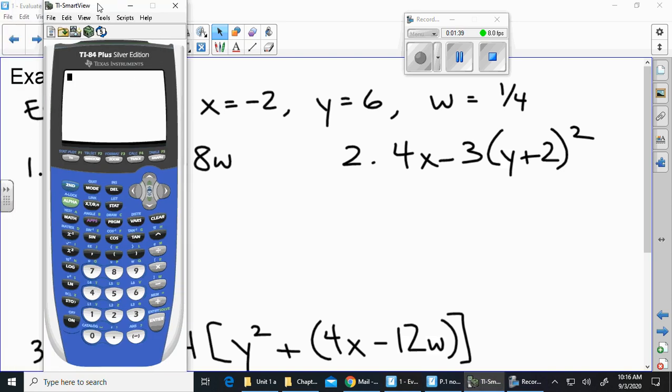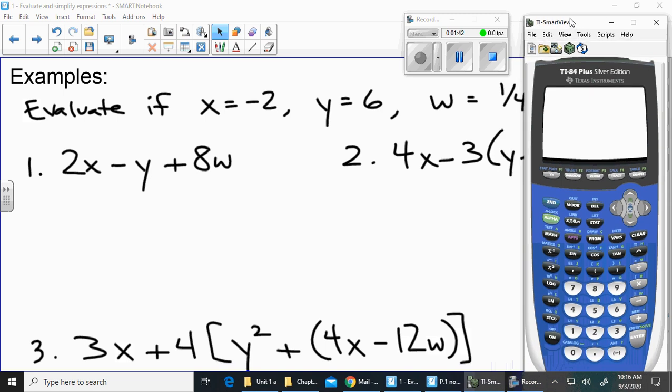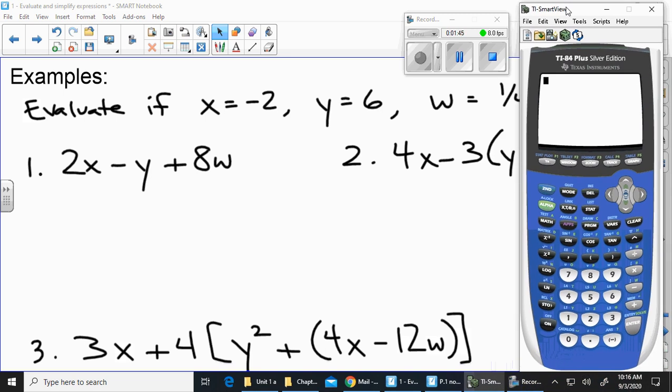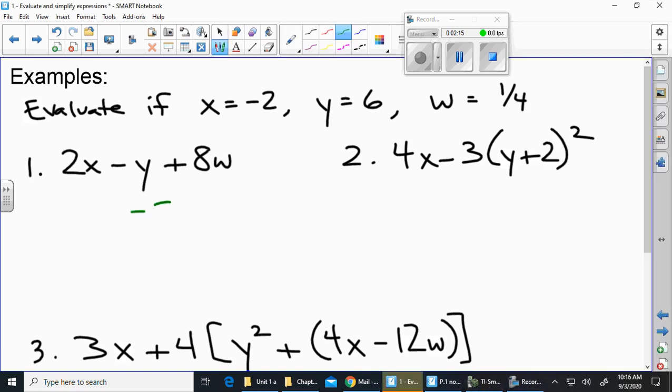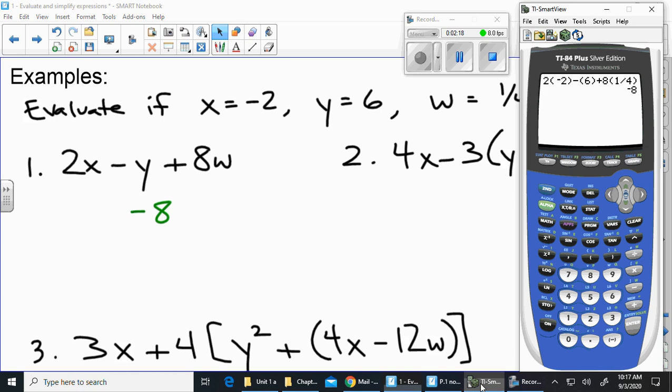For that first expression, I'm going to put 2 parentheses, -2 in for x, minus parentheses, 6 for y, plus 8 parentheses, w is 1/4, 1 divided by 4, press enter, -8. I don't have to think. I just plug it in. There's my answer.